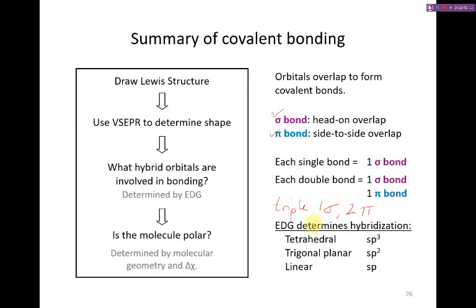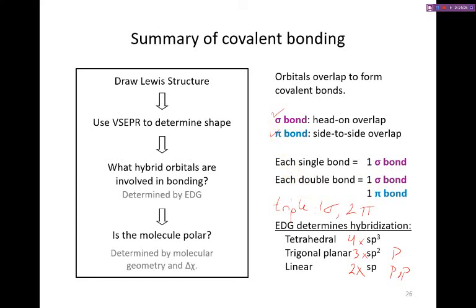We know that the electron domain geometry determines the hybridization, and that for a tetrahedral, we're going to have 4 identical hybrid orbitals. Trigonal planar has 3 hybrid orbitals, linear has 2, and then we have leftover p orbitals that are what participate to form the pi bonds.